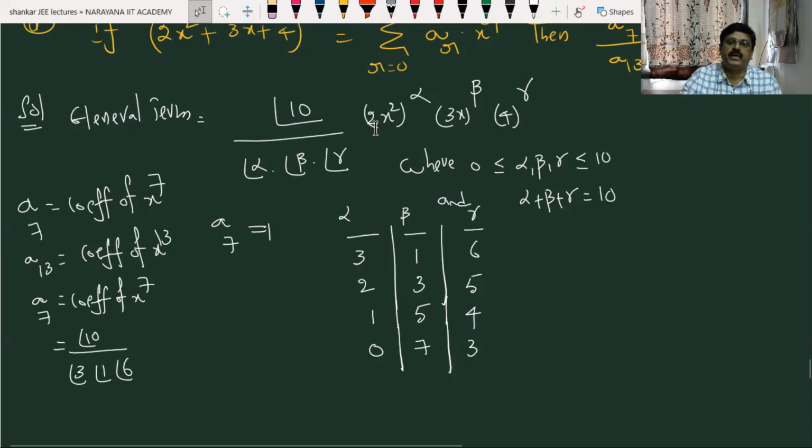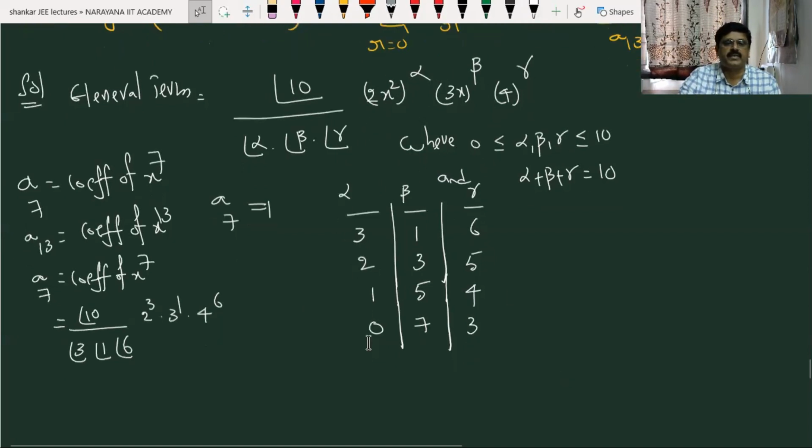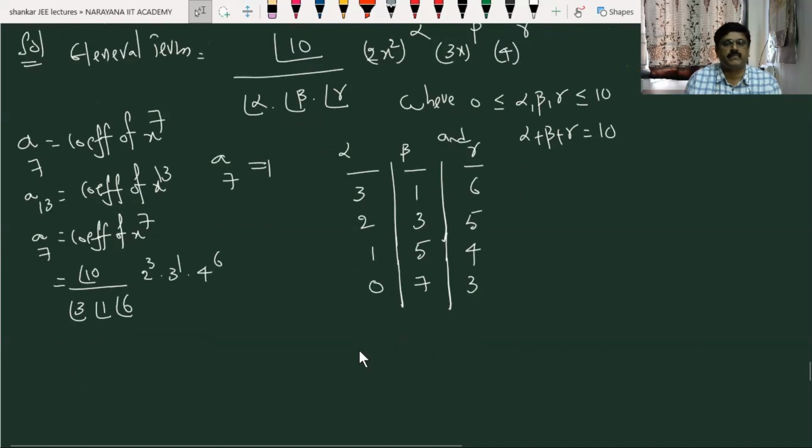If you keep 3 here, the coefficient is 2 cube into 3 power 1 into just 4 power 6. Are you getting well? 316. Accommodate 316 in the places of alpha, beta, gamma, students. It is 2 cube, 3 power 1, 4 power 6 over. Next, plus.